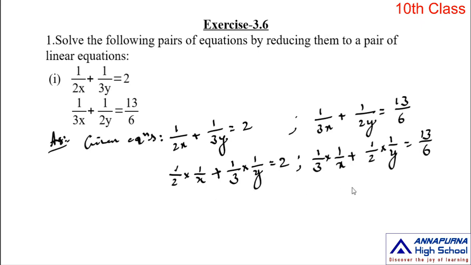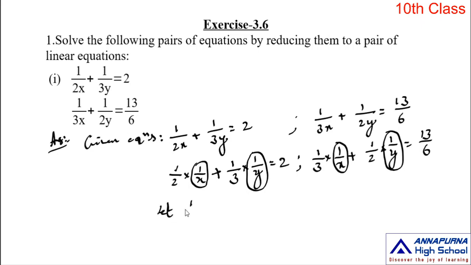When you observe these two equations carefully, in the first term the literal factor is 1 by x. In the second equation also the literal factor is 1 by x, and the literal factor of the second term of the first equation is 1 by y. In the second equation also the literal factor of the second term is 1 by y. Now here I introduce two variables instead of this 1 by x and 1 by y.